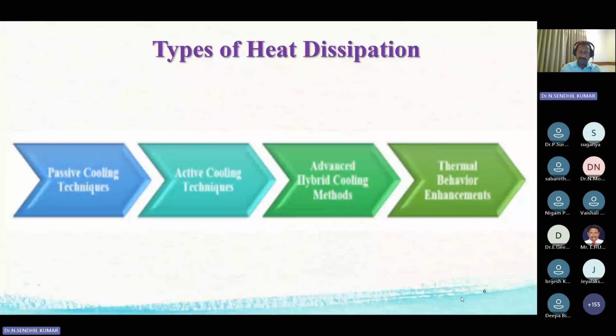Passive cooling means, like heat sinks we are using, without any external agency, without any external pumping power, we have to cool the system. That means fins. It is a technical term, meaning extended surfaces. That is called passive cooling. Fins already will be there, some extended surface.